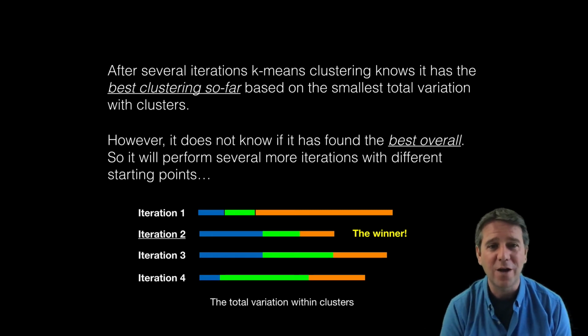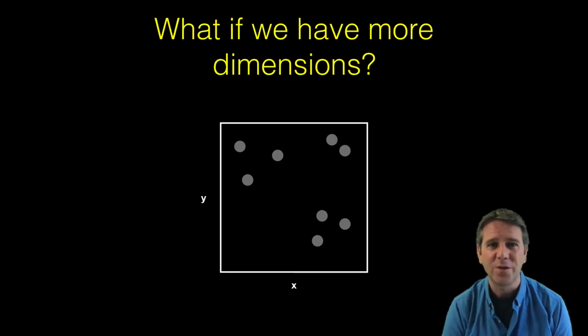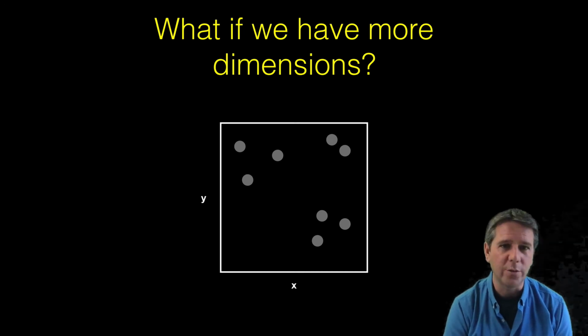So in this case, where I've run these 4 iterations, the best answer is iteration 2. That's the one with the smallest value here of this within cluster variance. So that second iteration, the answer that we got, is the one we're going to present to the user.